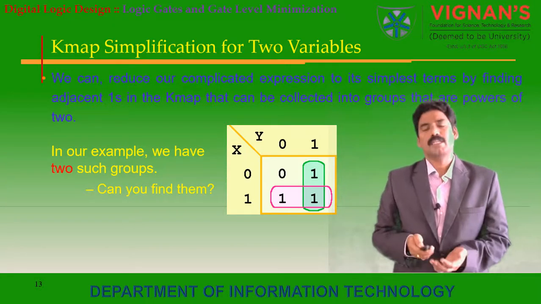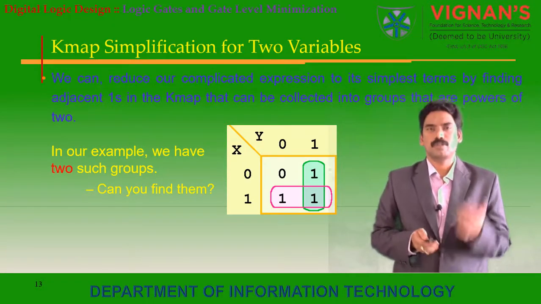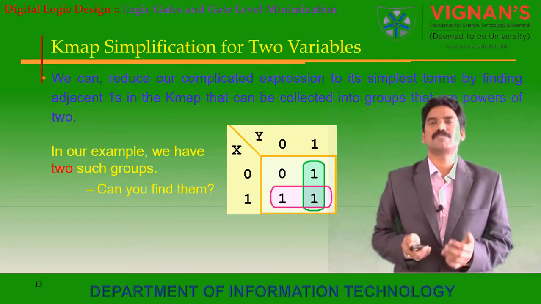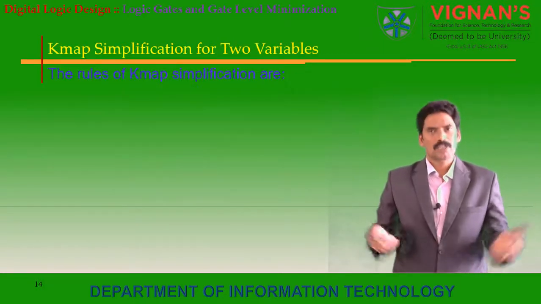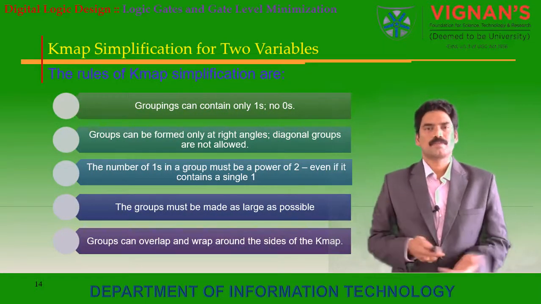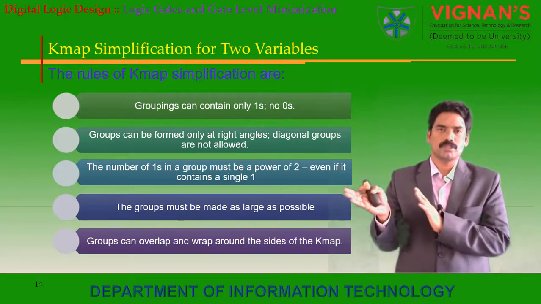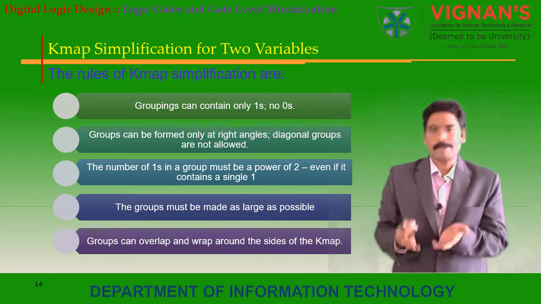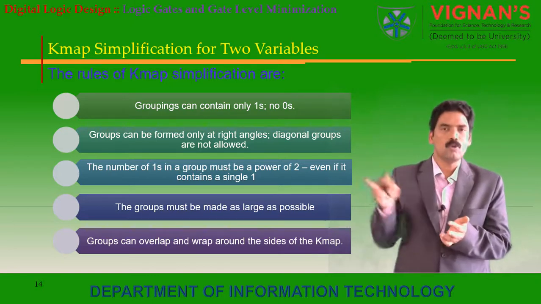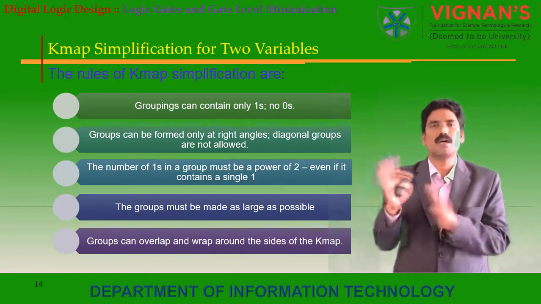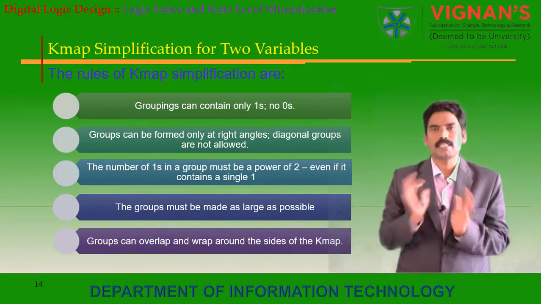Now, what are the rules to simplify a Boolean expression by using the map method? The rules are: groupings can contain only ones, no zeros. That means we are mapping ones now, and we have to group only ones, not zeros. That is the first rule.